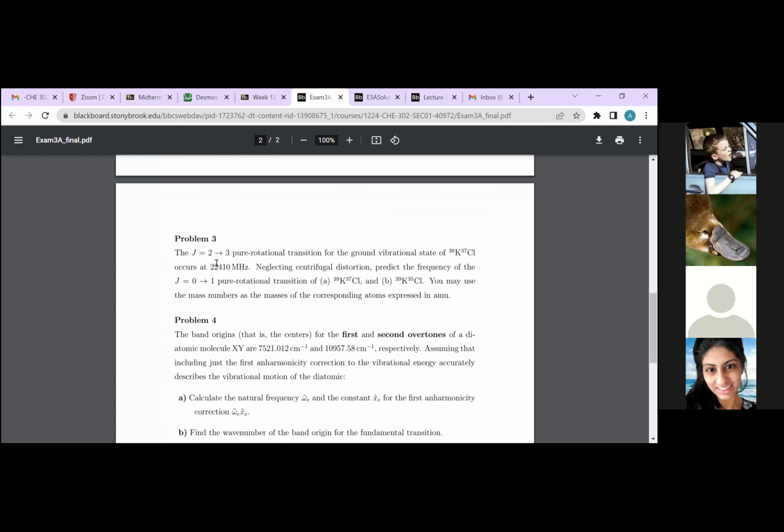I just took the H bar squared over 2HC as a constant, times R squared as a constant, and then I divided that by the reduced mass. Oh yeah, okay, I see what you're doing. And then I got C by multiplying the reduced mass by B for the 39K 37Cl. And then I divided that C by the new reduced mass to get the new B, and then multiplied that by 2 to get the 39K 35Cl frequency.